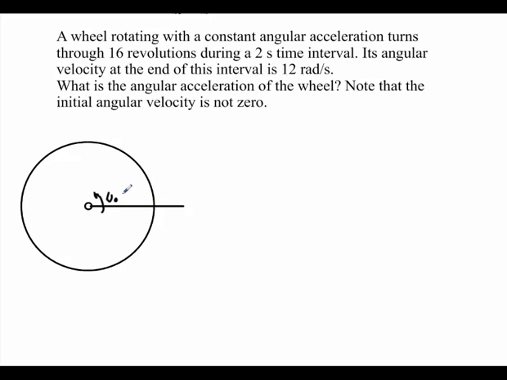So out here, we know omega at 2 is going to equal 12 radians per second. We also know there's acceleration taking place, and that acceleration is going to be alpha, and we don't know what that is. The other thing we know is we have time.